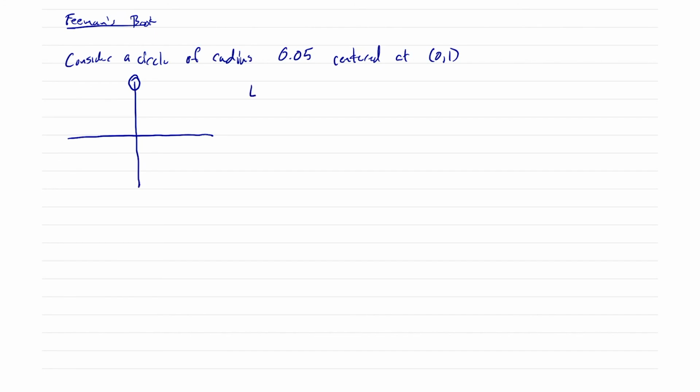And we're going to let f be equal to 1 if the point (x,y) is in the circle, and 0 if (x,y) is not in the circle. You know how to express that sort of thing.